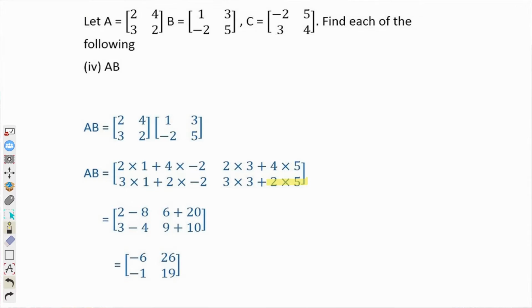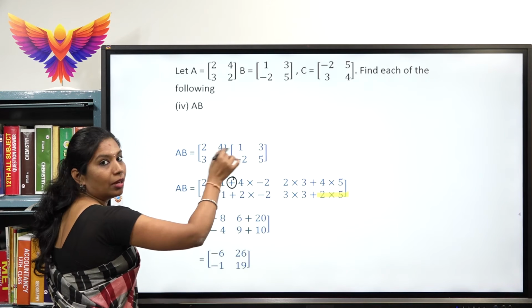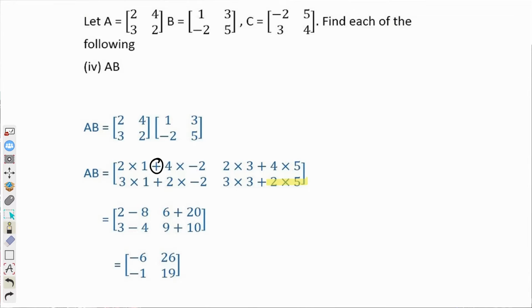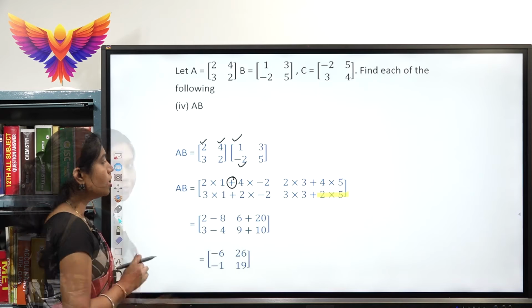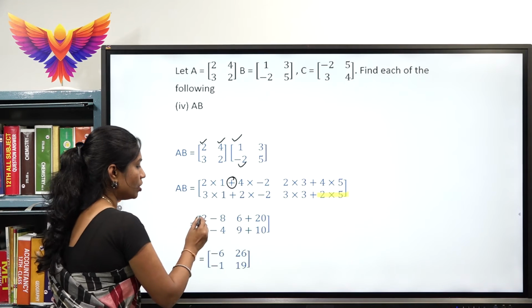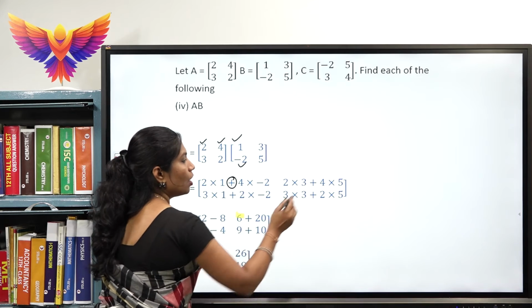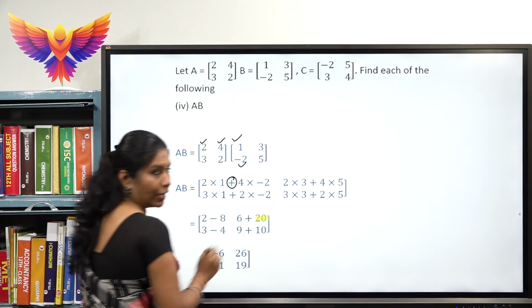Now, when I simplify this, note that we have to add between the products. We have 2 into 1 plus 4 into minus 2, which is 2 plus minus 8. The same way, 2 into 3 is 6 plus 4 into 5 which is 20.